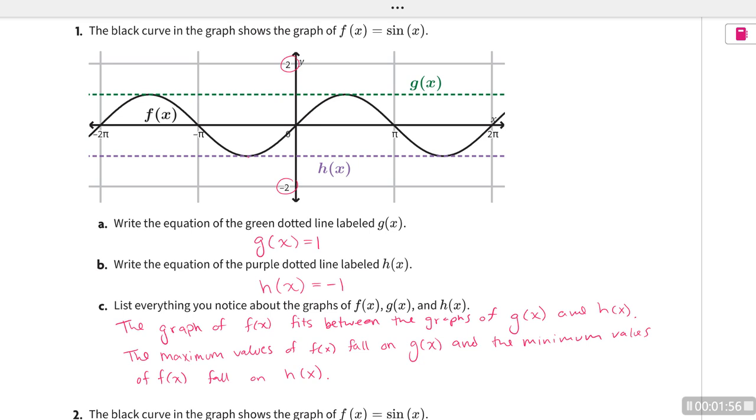So we see that right here, right? Those are sort of the minimum values falling on the graph of h of x and the maximum, right? So local max, local min, and so on. I could do that for all of these. Okay.